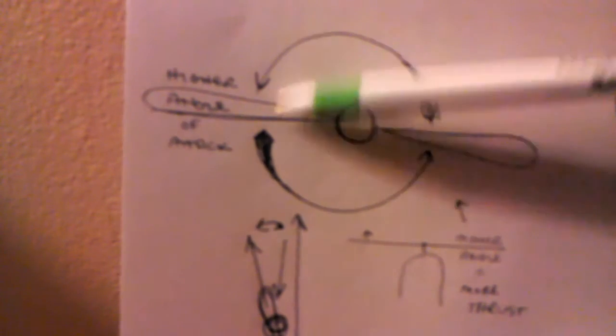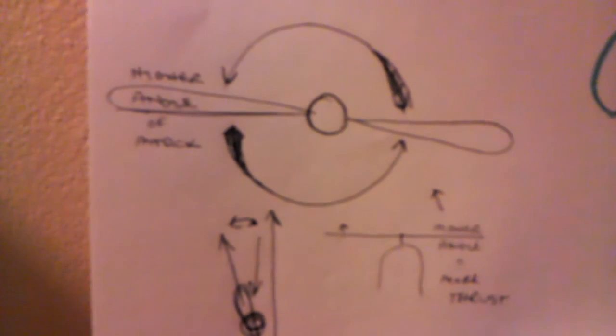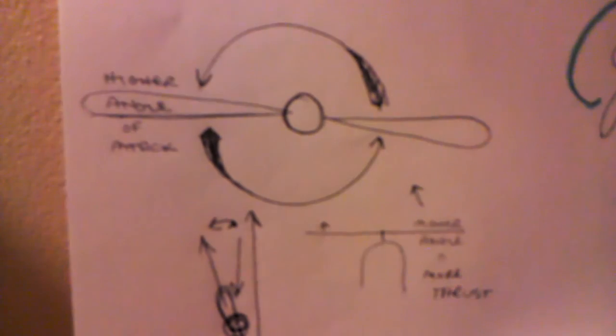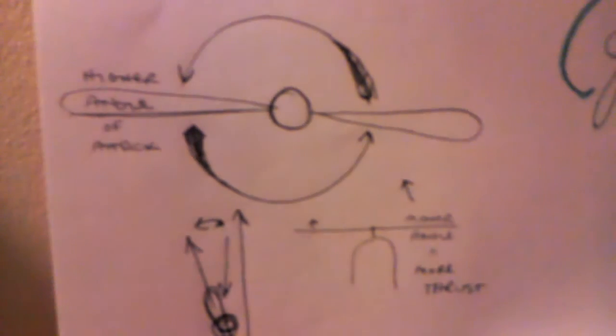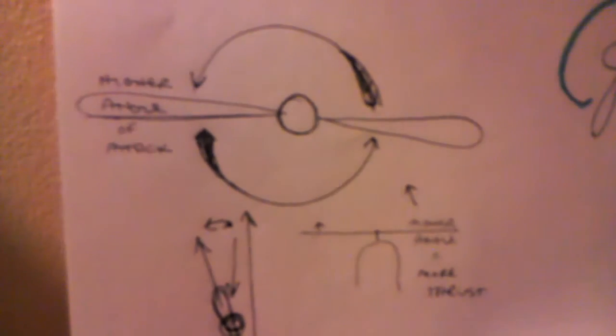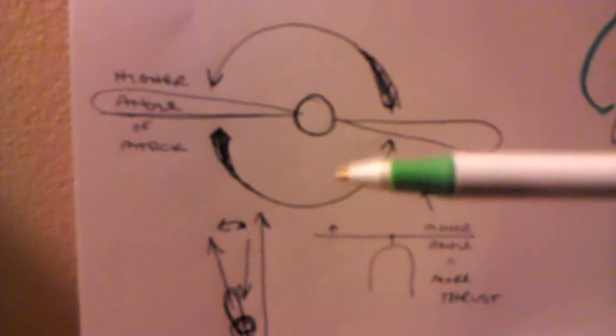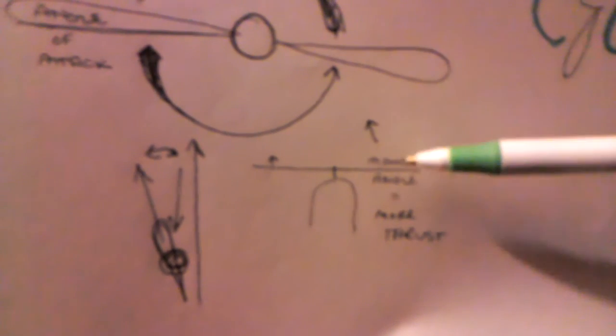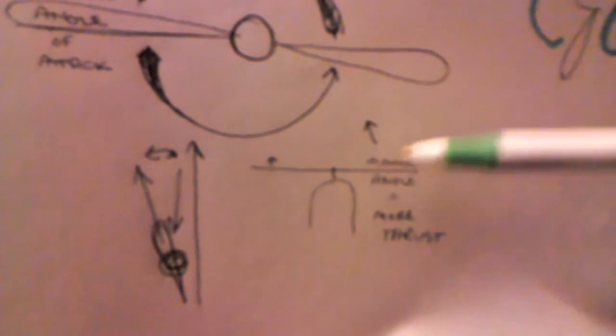So that higher angle of attack on the propeller, and a propeller is a wing. It has an airfoil and a critical angle of attack and everything just like a wing. So the higher the angle of attack, the more lift you're producing. So you're producing more thrust on the descending blade.